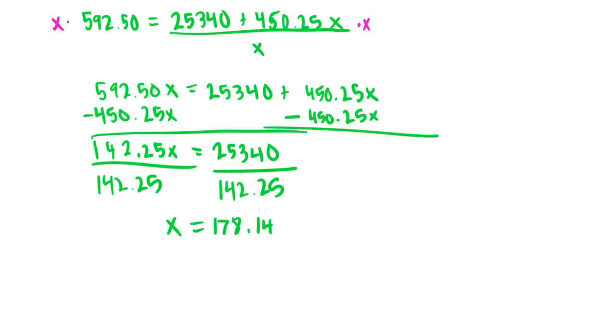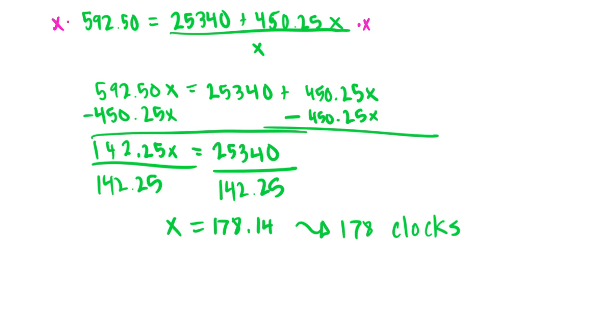Okay, let's talk about the context of this, because I'm trying to figure out how many clocks should be produced. So this means when I want an average cost of $592.50, I need to produce 178.14 clocks. But can you produce 0.14 of a clock? The answer is no, you can't. So we're going to just round that to 178 clocks, to the nearest whole.